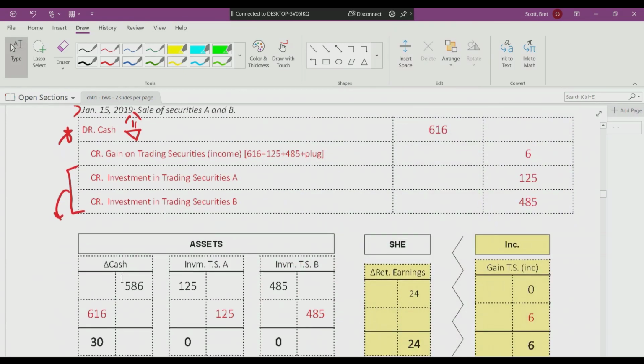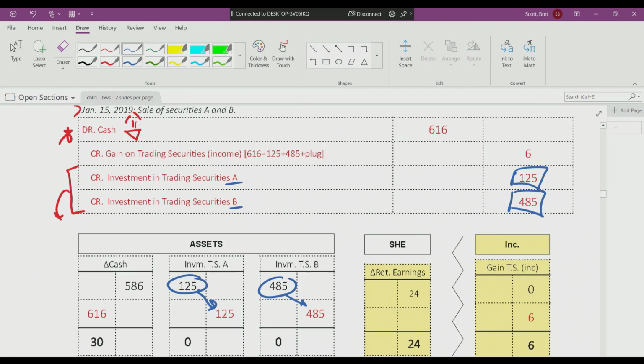And I can see investments A, I currently have a $125,000 debit balance there. Investment B, I have a 485 debit balance. How do I get rid of those? I've just sold these things. I got to credit those accounts away. And so that's what you see up here. That's how I determine what amounts I'm crediting. Credit securities A and B, make them go to zero.